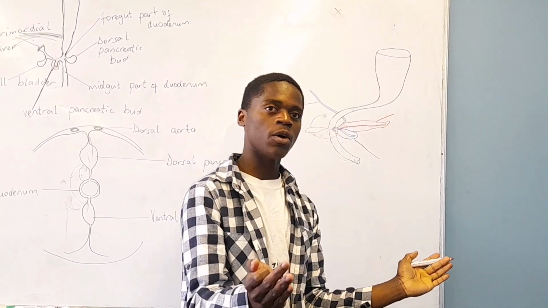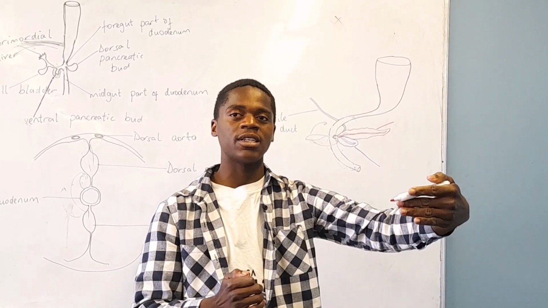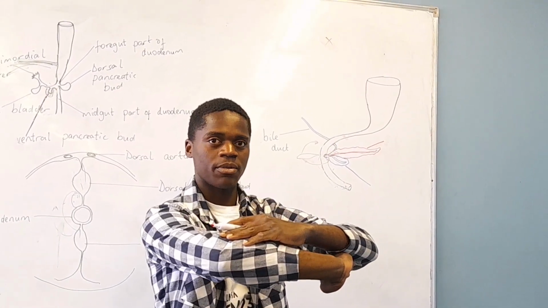Imagine that there's a duodenum in front: we have one portion moving in the right direction, one in the other direction, such that they encircle the duodenum, right?